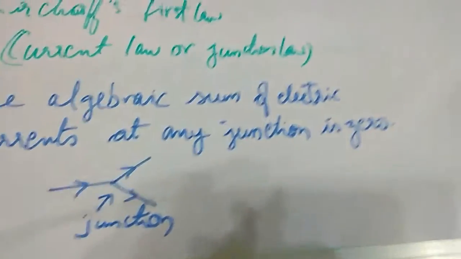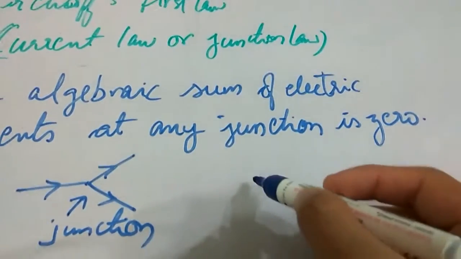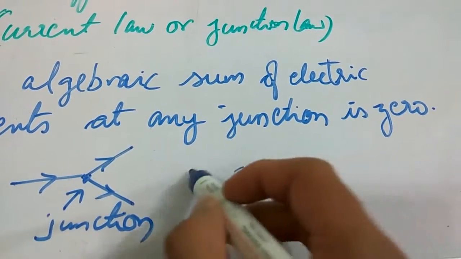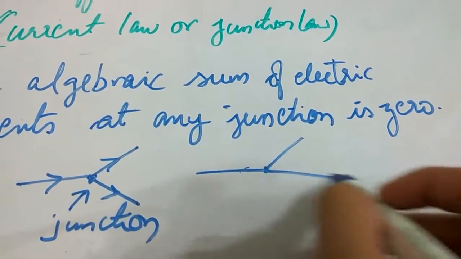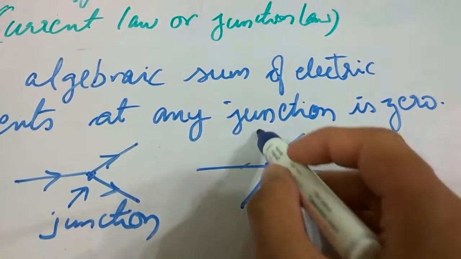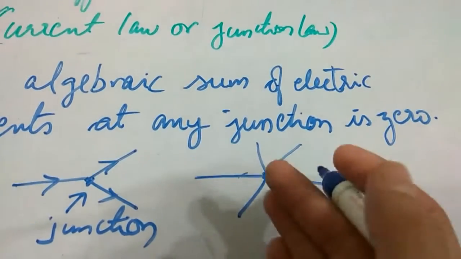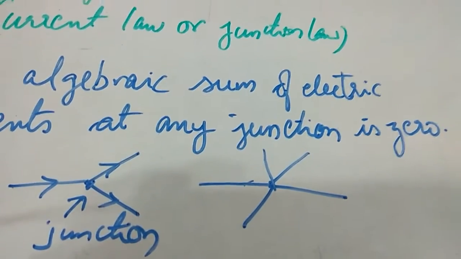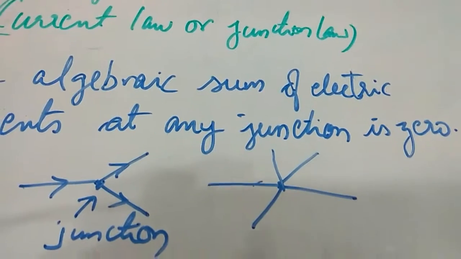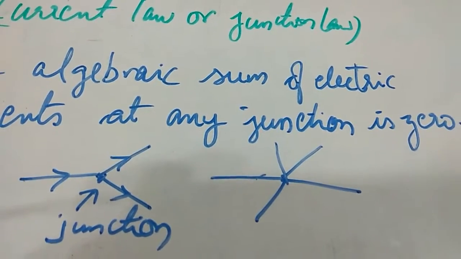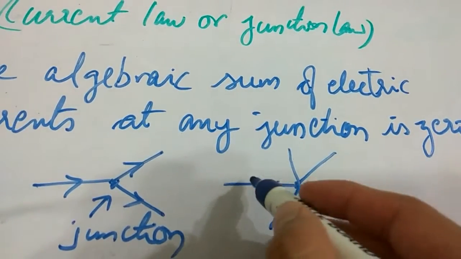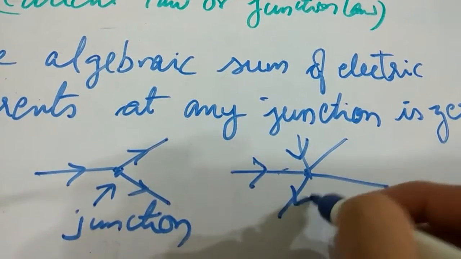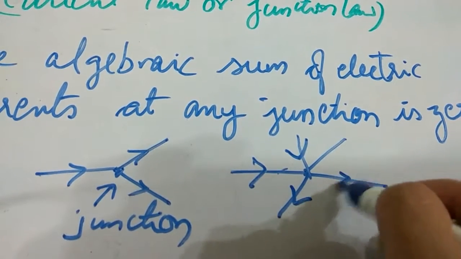This means that if there is a junction, and there are many wires here, not necessarily parallel, just many wires connected at this junction, and there's a splitting of current, currents are coming in from here and going out from here.